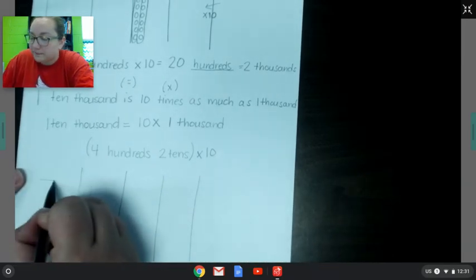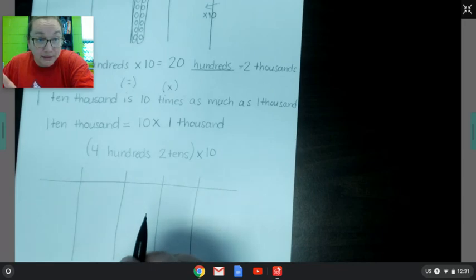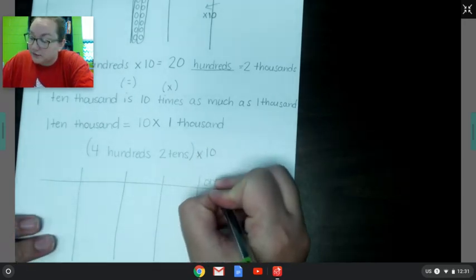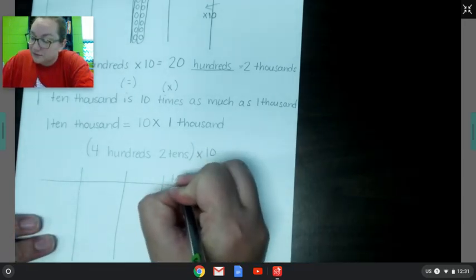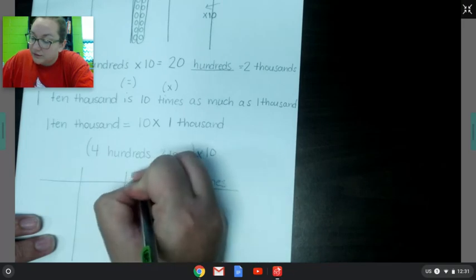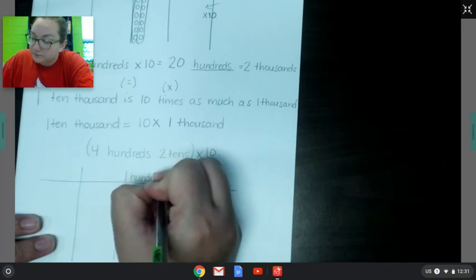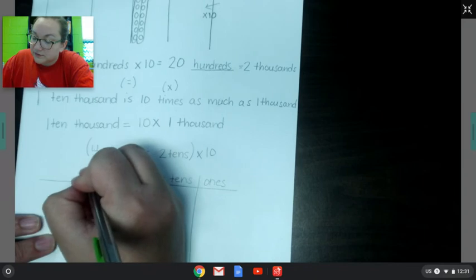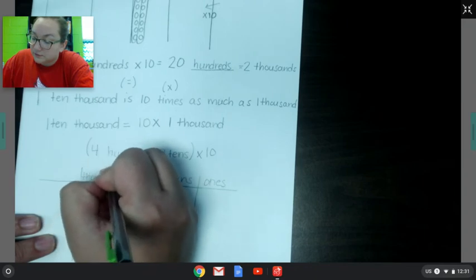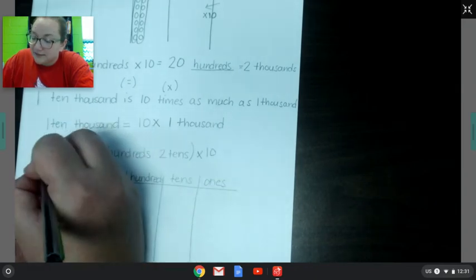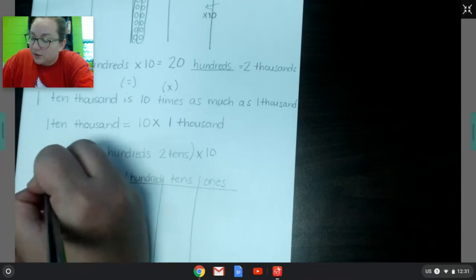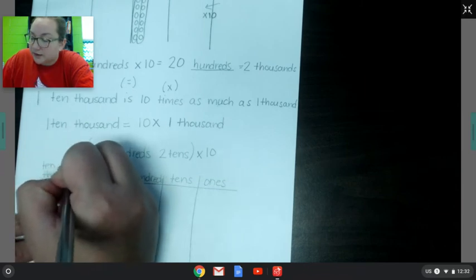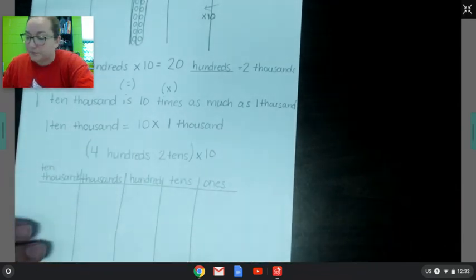Okay. I'm going to label my place value chart. So ones, tens, hundreds, thousands, and 10,000s. Now I didn't go all the way to 100,000s, but that's okay for right now for this problem.